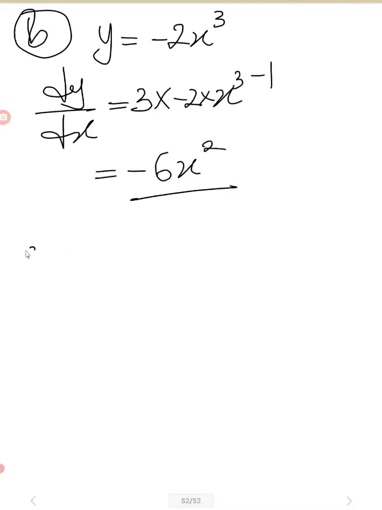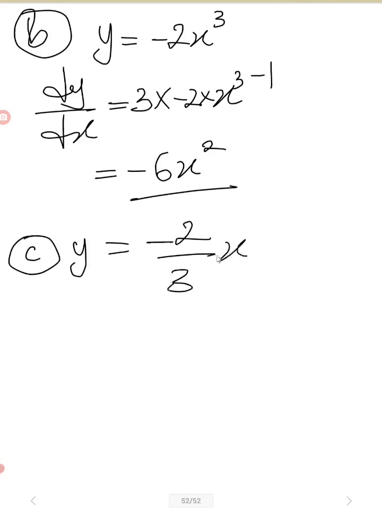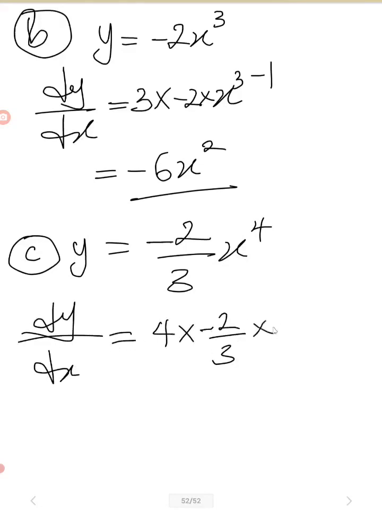So let's also solve for c, which we have y is equal to minus 2 over 3 x raised to power 4. So here, if it is x raised to power 4, what you do is dy over dx will be 4 times minus 2 over 3 times x to the 4 minus 1.